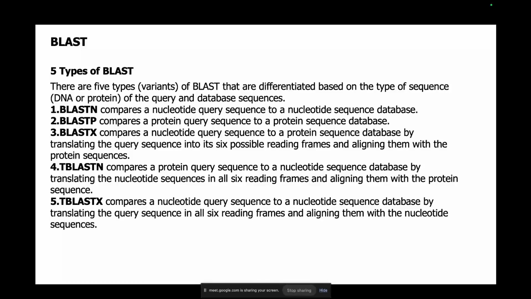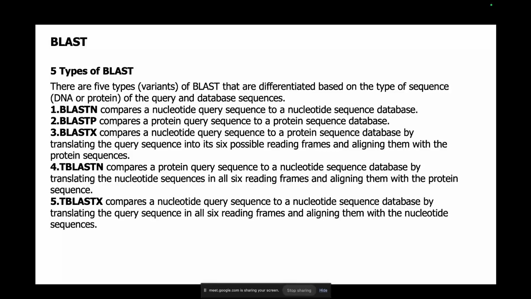And there are different types of BLAST. So what is BLAST? BLAST is basically doing local alignment, right? The LA stands for local alignment. So BLAST, first of all, is doing local alignment, and it can align different types of sequences: nucleotide sequences and protein sequences. You can give it a protein sequence and ask it where in the DNA this came from.